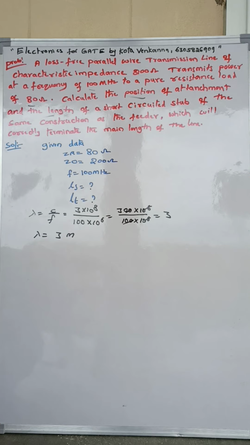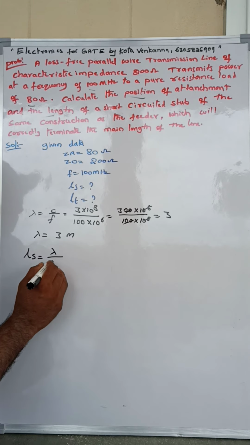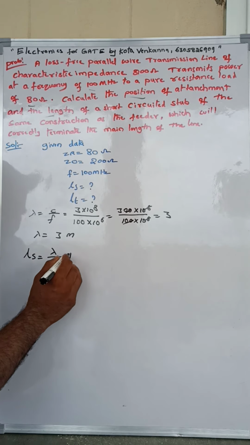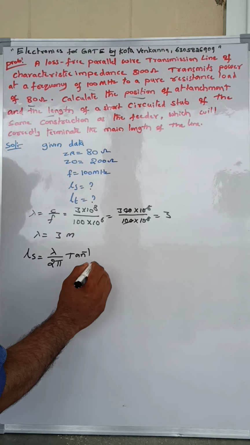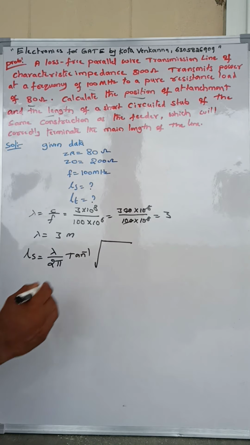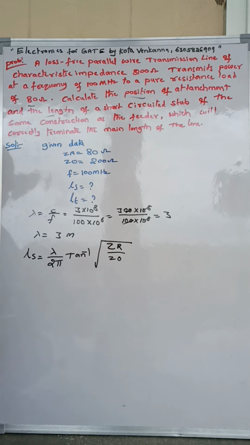First we have to find LS, the position of the stub. LS is equal to lambda by 2 pi into tan inverse of square root of ZR by Z0.